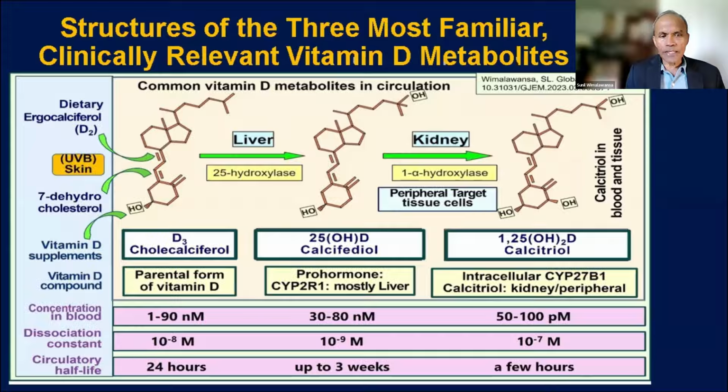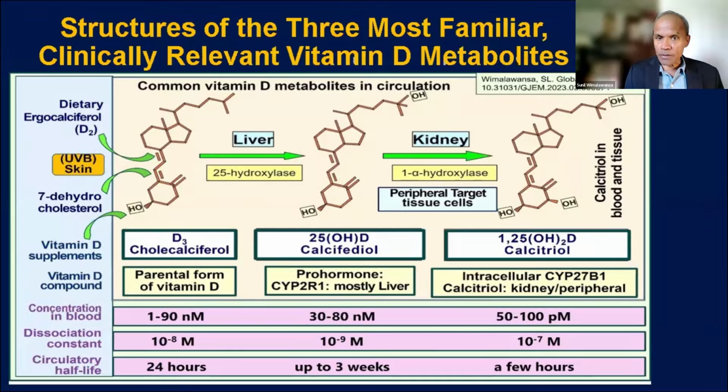The half-life of D3 is about 24 hours, compared to a few hours for calcitriol, and about 2 to 3 weeks for 25-hydroxy D. This is because of the affinity of the vitamin D binding protein. And lastly, the concentration in blood of D3 and 25-hydroxy D is about 900-fold higher than calcitriol.